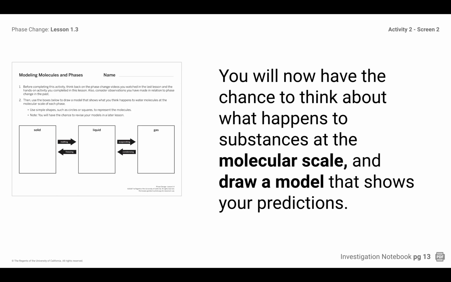And show me what you think those molecules are doing. How do they move? Where are they in relation to each other in a solid, a liquid, and a gas? Later on, we're going to have a chance to revise, so don't worry if you're right or wrong. I just want you to get your initial ideas out. Pause this video, do that, and then hang on to it in GoodNotes.